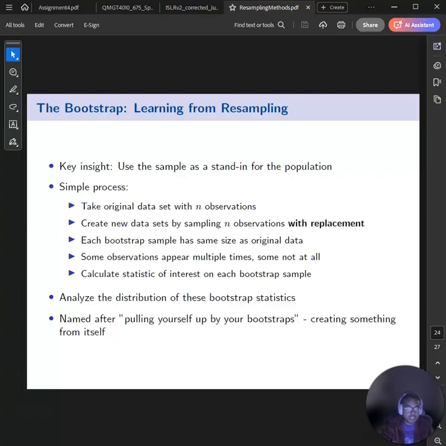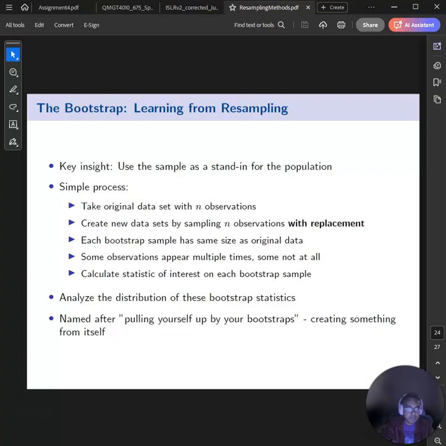And then we calculate the statistic of interest in each bootstrap sample. By analyzing the distribution of these bootstrap statistics, we can estimate things like standard errors and confidence intervals without making strong distributional assumptions. The bootstrap is named after the phrase "pulling yourself up by your bootstraps," the idea that you are creating something from yourself.